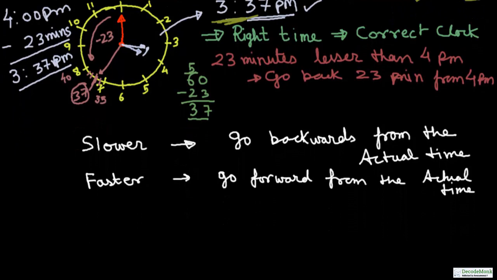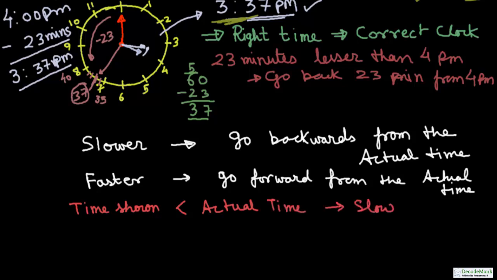From this question, we should also understand that if the time shown by the watch or the clock is less than the actual time, the clock is slow, because the time shown is less than the actual time. By how much?